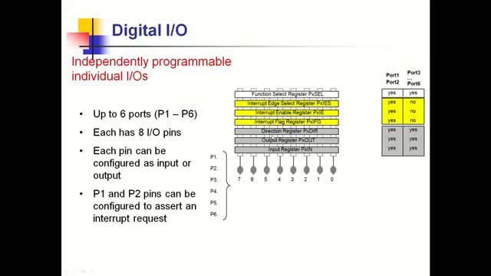The other registers which are there for all the ports are the data direction register, out register and in register. DIR register will decide the direction of the pin, whether this pin is output or whether this pin is input. So similarly, out register. So whatever you write in this register, that data will be available on the pin. Similarly, in register, whatever is the data there on the pin is loaded into this register so that you can read the data from this register.